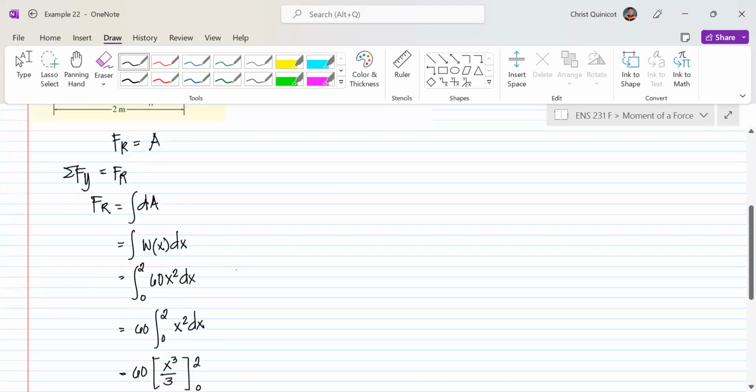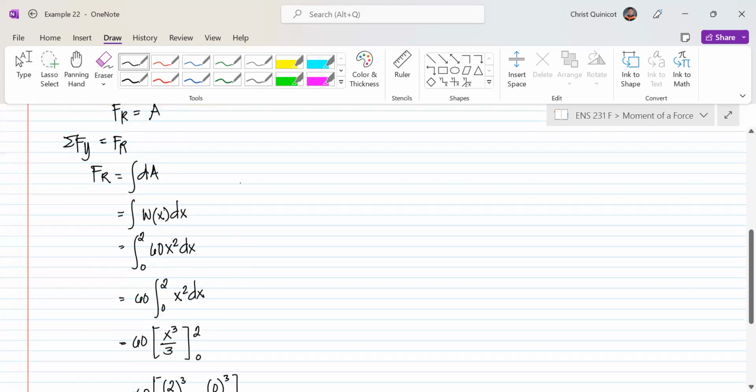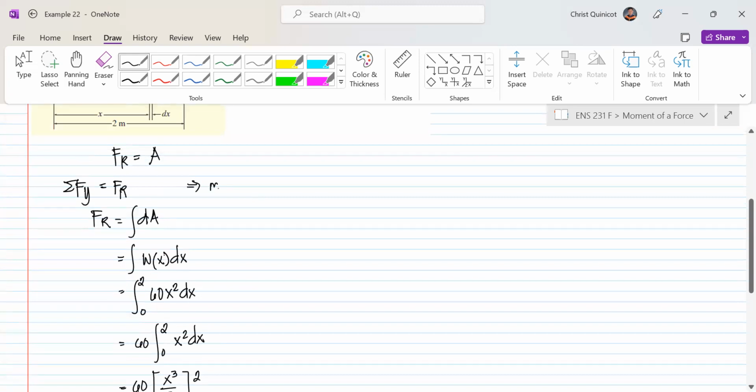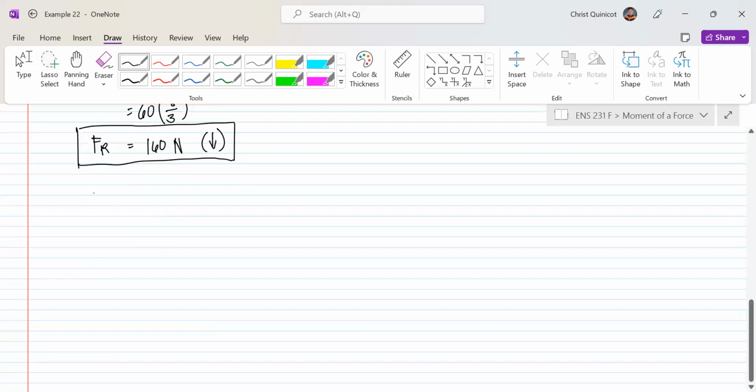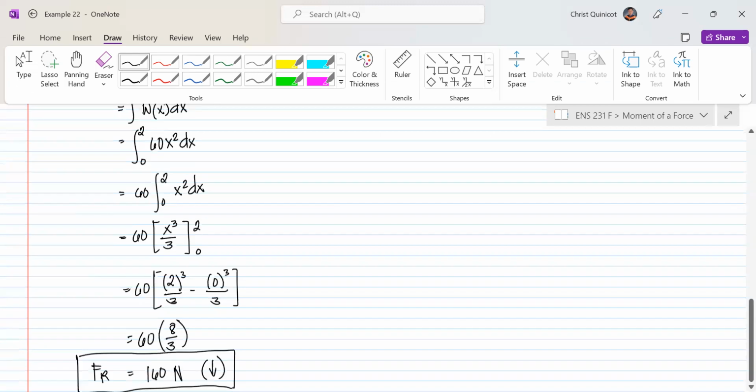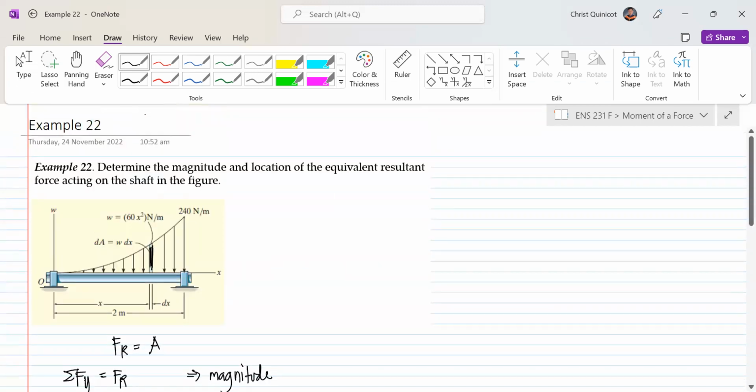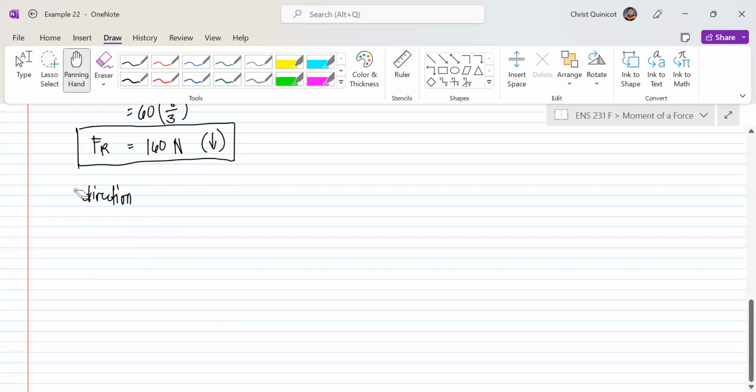Now for its location. Since we are using integration, let me label this one as our magnitude. And for the direction, no, sorry, not the direction, it is the location. I got used to saying direction for our resultant force. So location.